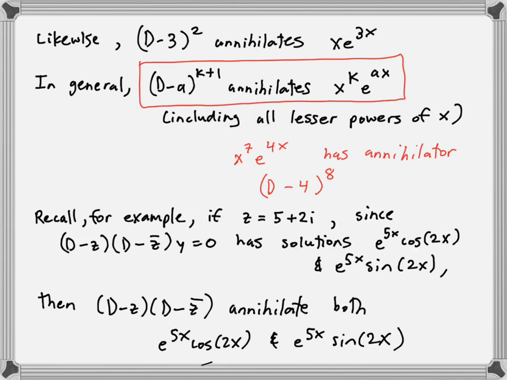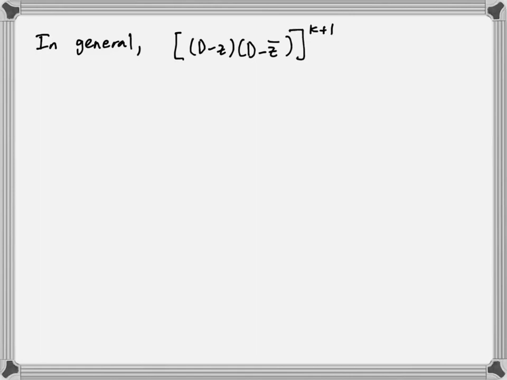So if we want to just do this in general, because I did this with particular numbers 5 and 2, so I should say in general, d minus z times d minus z bar, to the k plus 1, annihilates both.